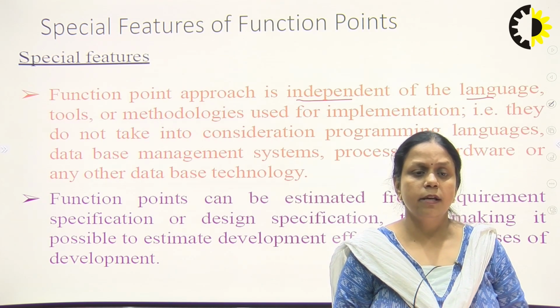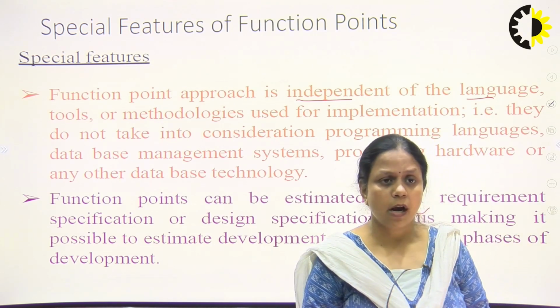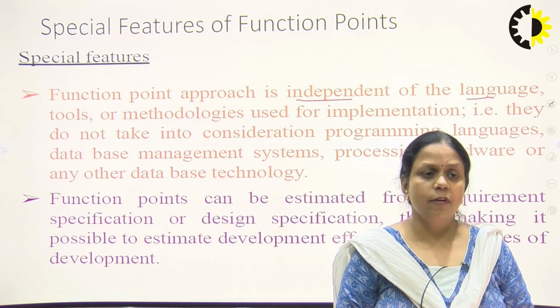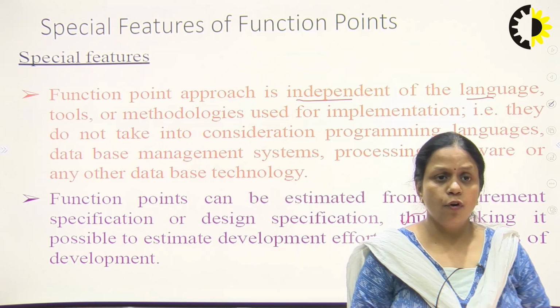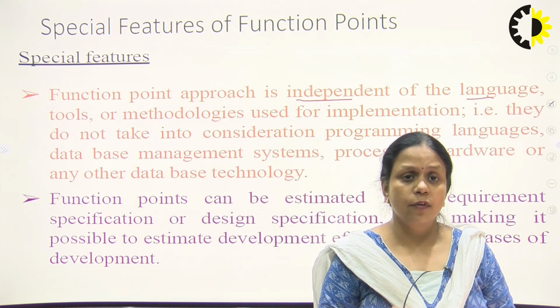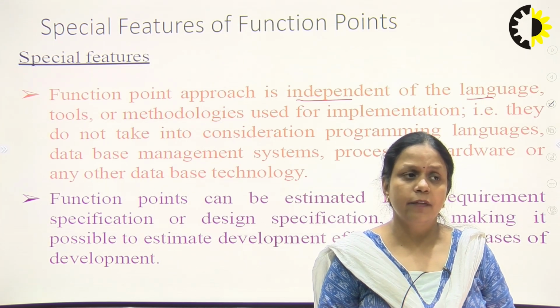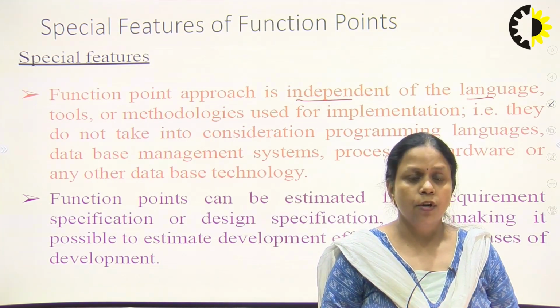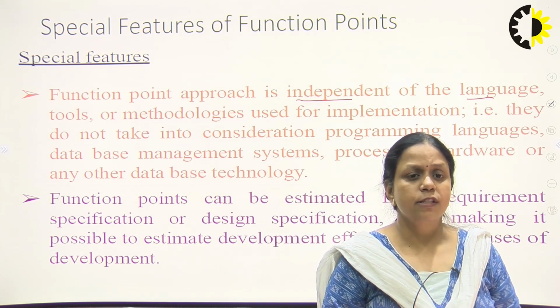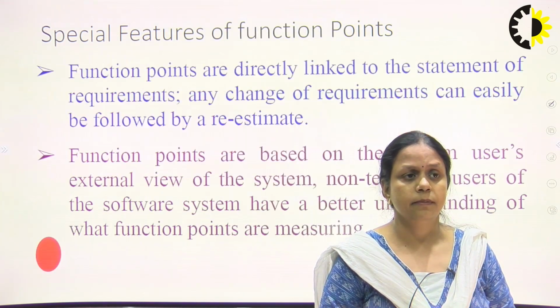So, we can start this process from the early development of the software. But in the line of code, we have to wait for the coding. When the coder writes all the code, then we can calculate the line of code. So, function points can be calculated in the early phase of software development.